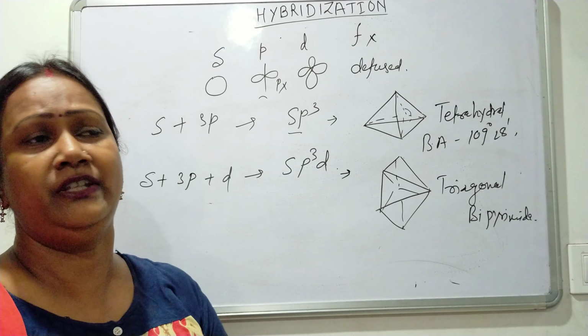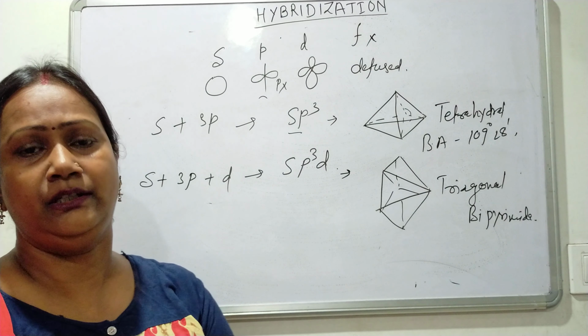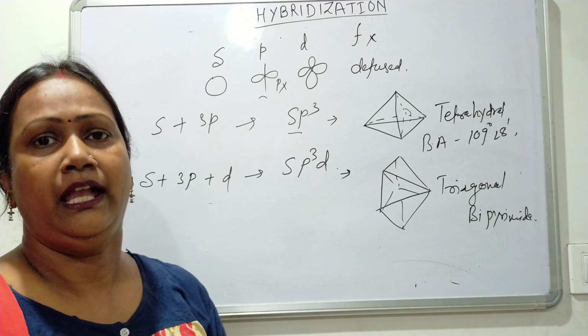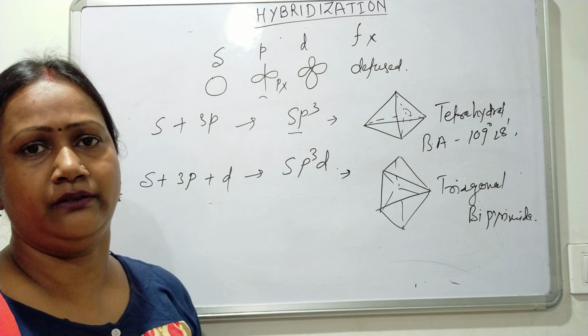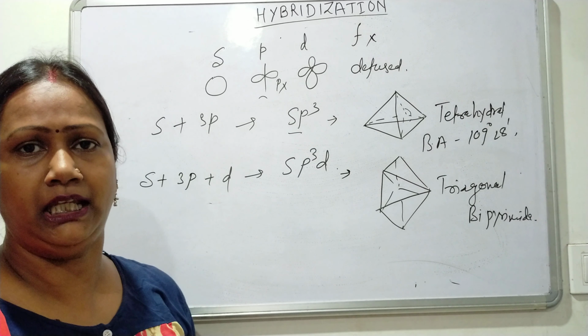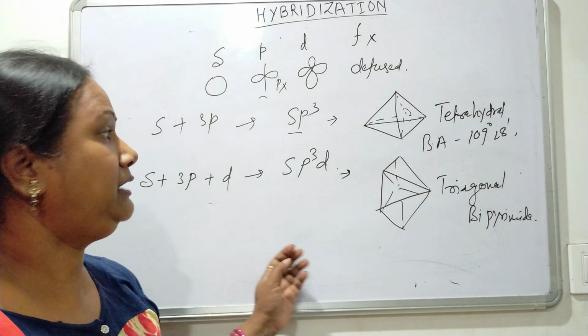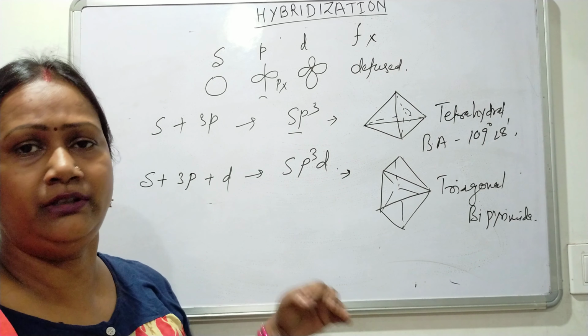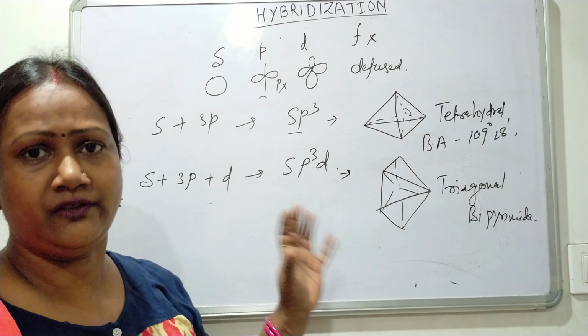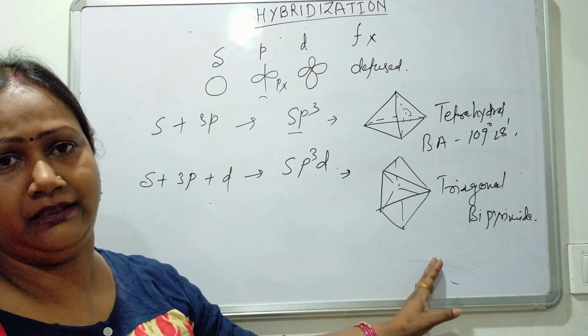Suppose you are given carbon dioxide and asked to find the structure of carbon dioxide, water, methane, ammonia, different types of molecules. You know about them, but you don't know how they look in their structure. So it will be like this.